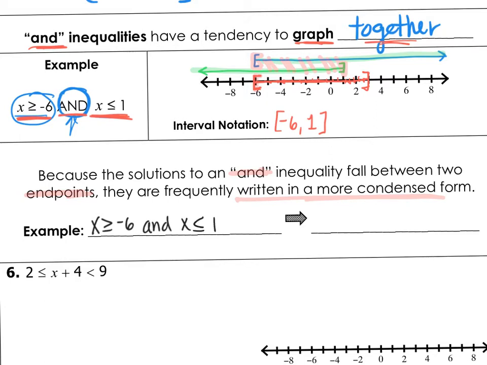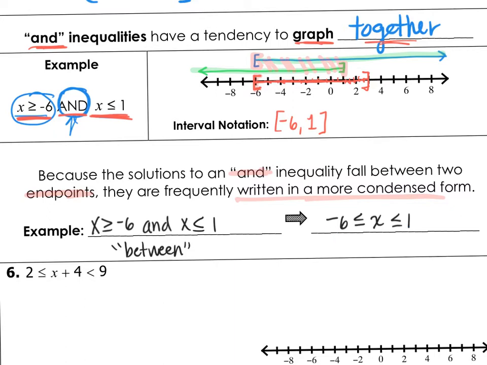Well, this was basically saying that x had to be between -6 and 1. That whole concept of between is what we're going to express in what I call a double inequality, where we write -6 is smaller than or equal to x, which is smaller than or equal to 1. X is in between -6 and 1.